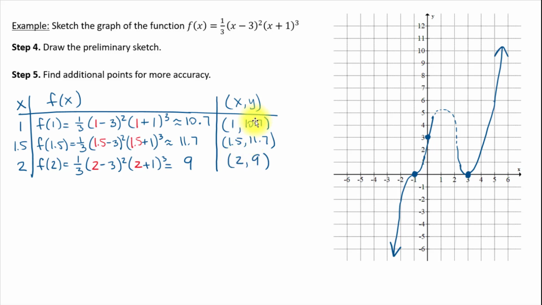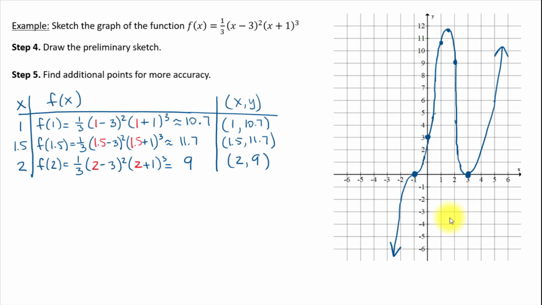I found the corresponding y values. And now I'm going to plot those points on the graph. This is where the 3 points are located. That tells me that the turning point of the graph happens further up. So I'm going to try to connect them with the rest of the graph. Okay, so that's how the sketch of my graph looks. It doesn't look perfect, but the sketch is very close to the graph of the given function.